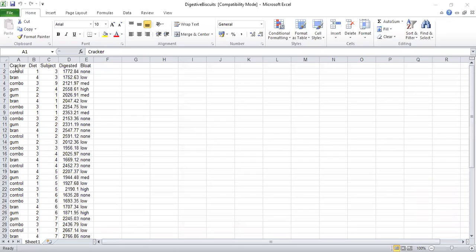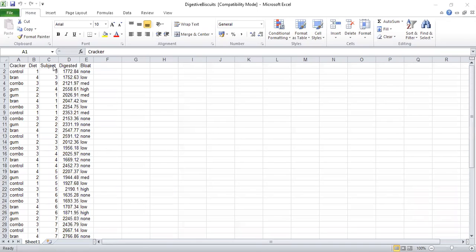I'm sharing my screen to show you the file. Look, we try to find out whether this cracker and diet are independent or not.